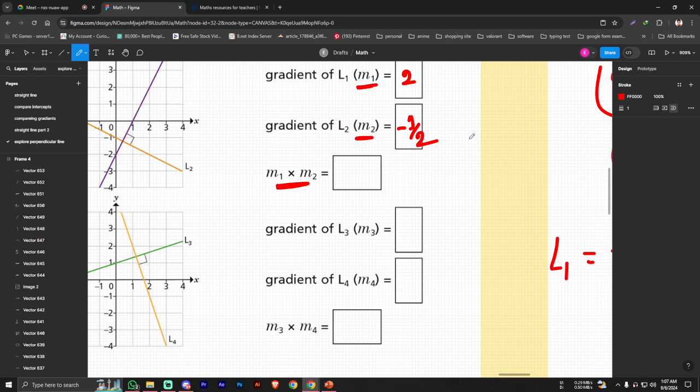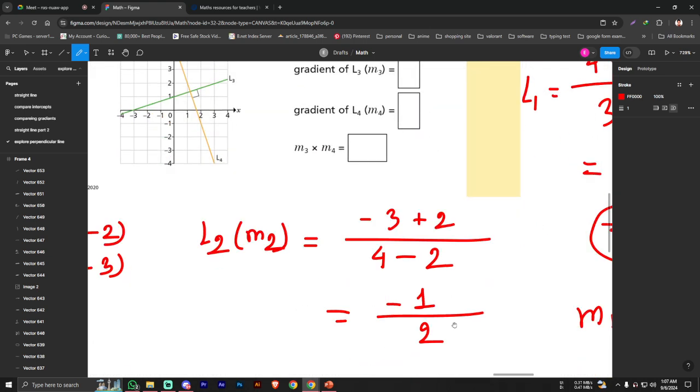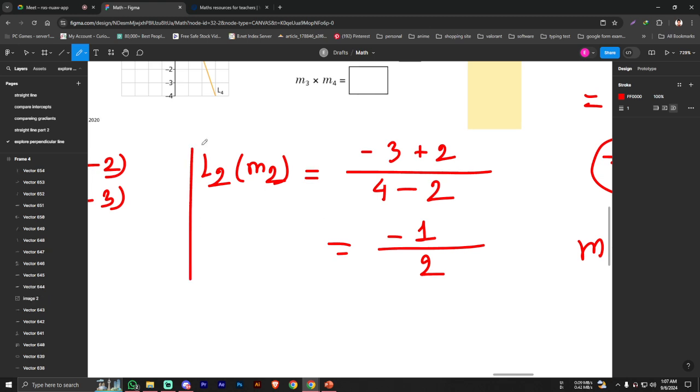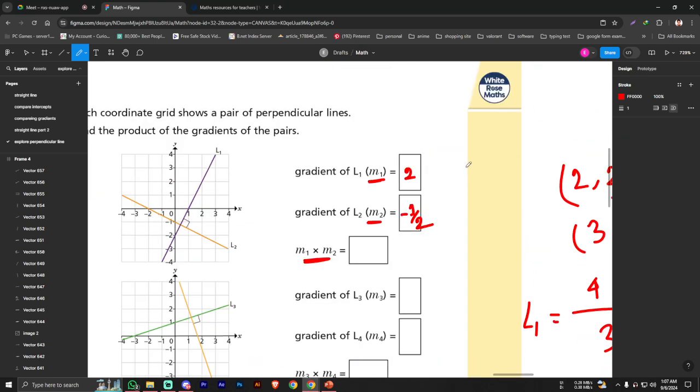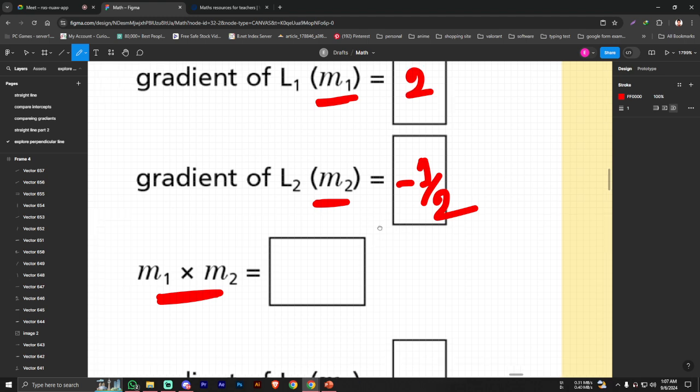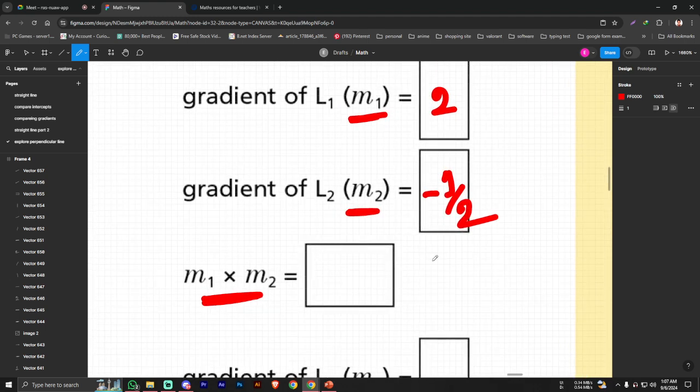I thought that was a y. We have found M2's gradient. Already we calculated it here. See? This is the calculation. So it's minus half. Now if we multiply both, what do we get?